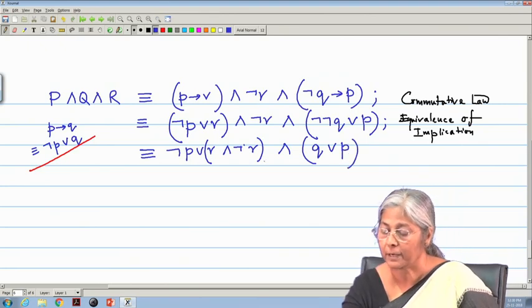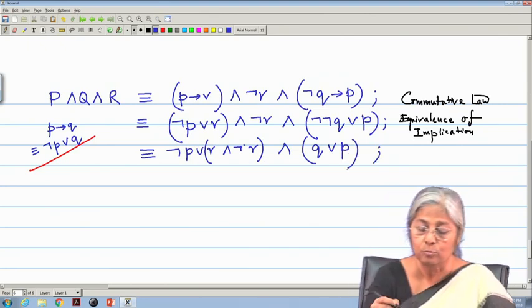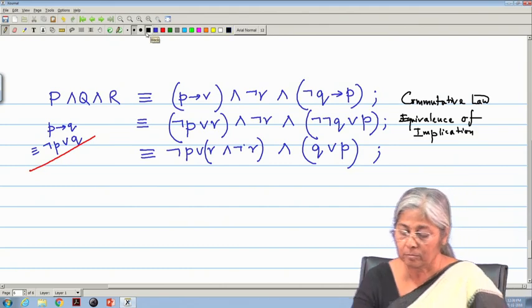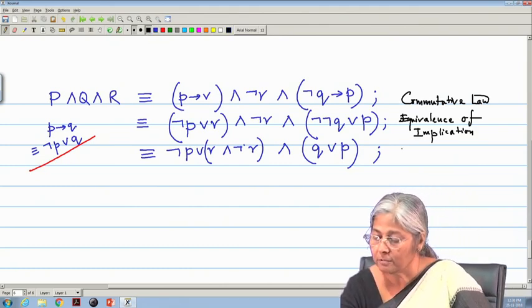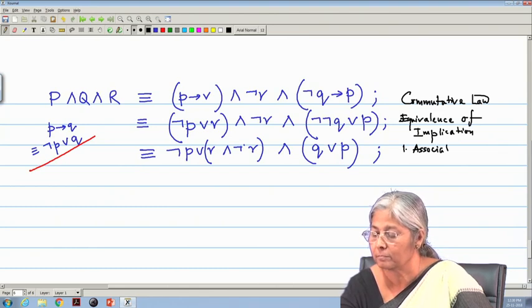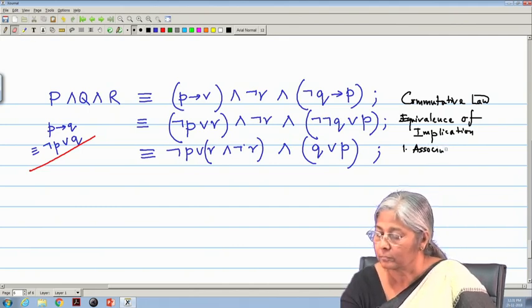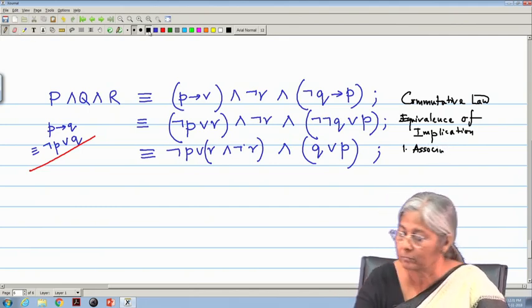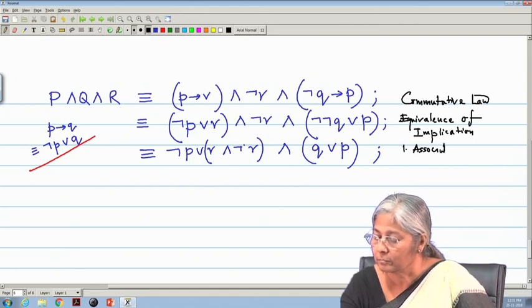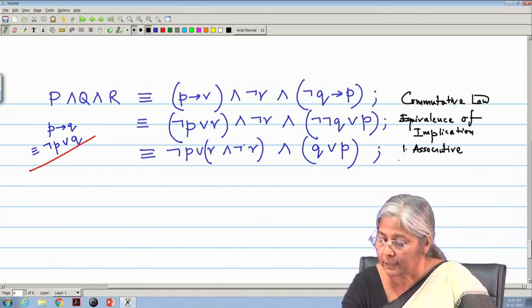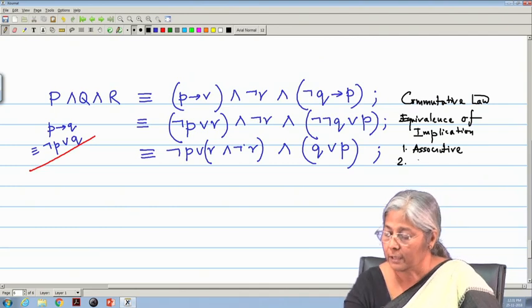Here we have applied two rules: one is associative, and the second is double negation.